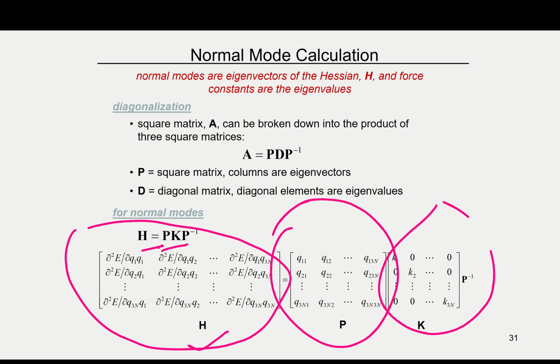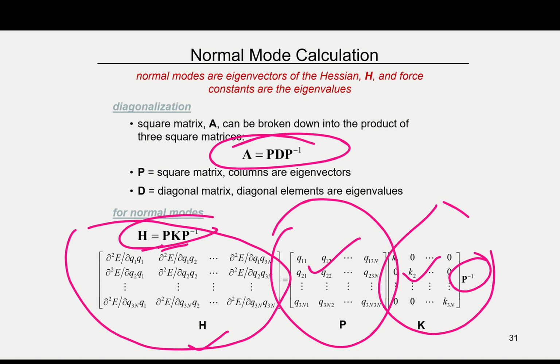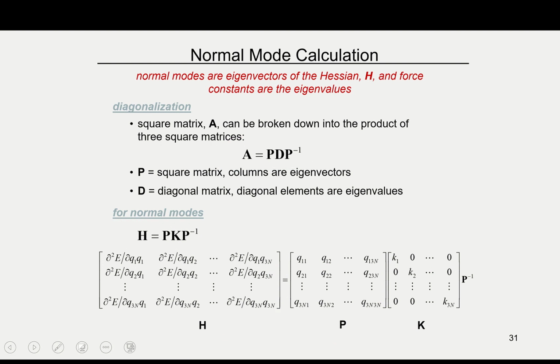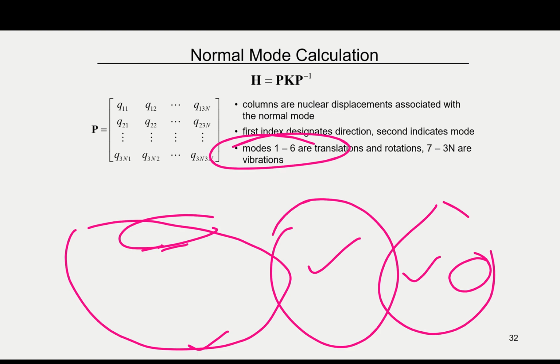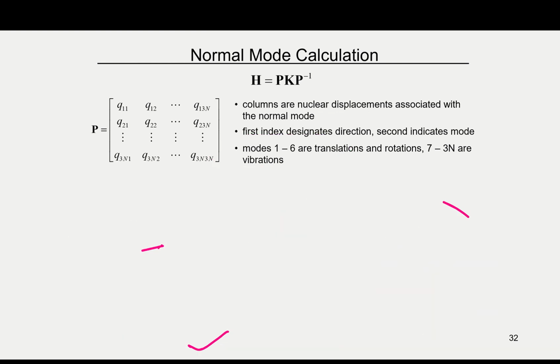This gives you the final equation, A is equal to P D P minus 1, or H is equal to P K P minus 1. Now we have the normal mode calculation, and we know that H is equal to P K P minus 1.